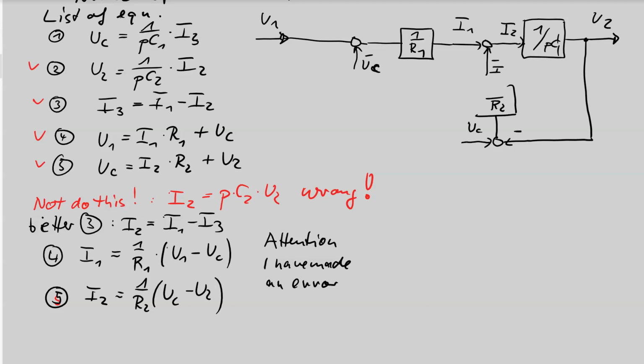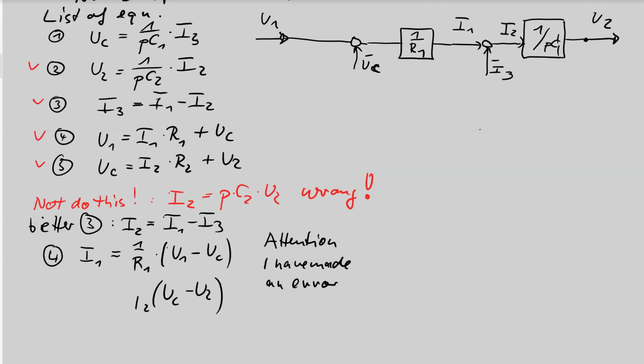Then of course this is wrong, this is not used. I1 is okay, but this is I3. Sorry for this, I3, and the I2 equation is also not necessary. Nonsense, gone. Sorry for this. Yeah, it happens.